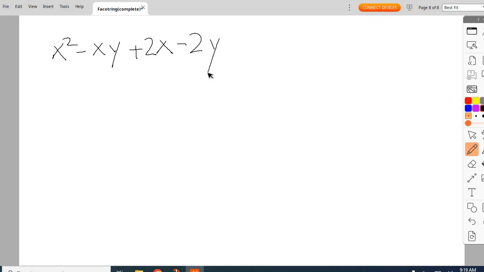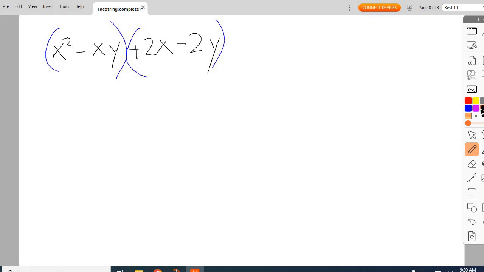Basically it's very similar to what we did when we broke apart that middle term. I'm going to create groups using parentheses. The only difference is this time I'm just going to create them with whatever I have. Does that make sense? Notice that we're looking to group things together that have stuff in common. So right now I can group these first 2 together, and I can try and group the second 2 together.